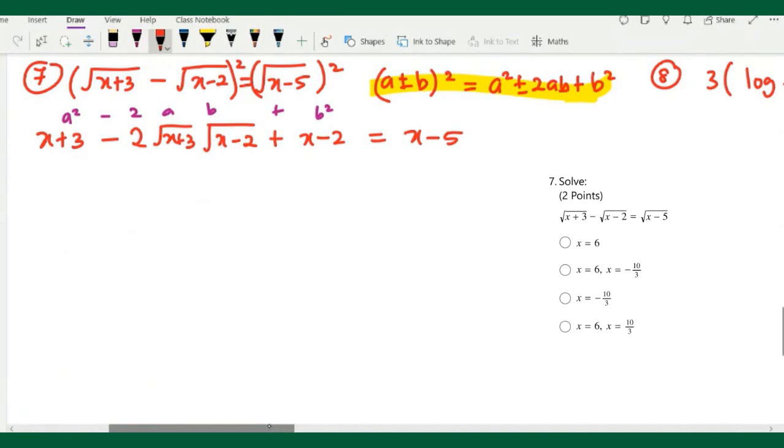Now, collect the surd term on one side, and bring everything else to the right side. So negative surd x plus 3 with x minus 2.